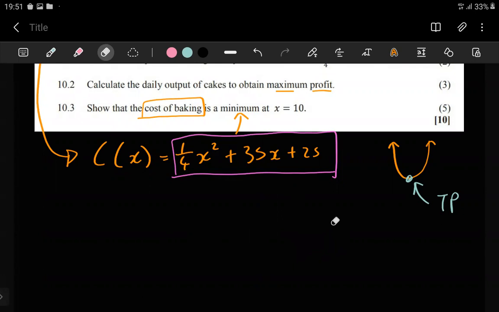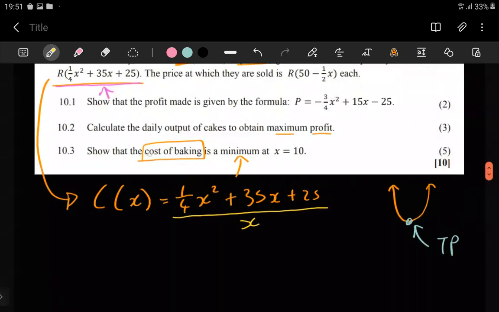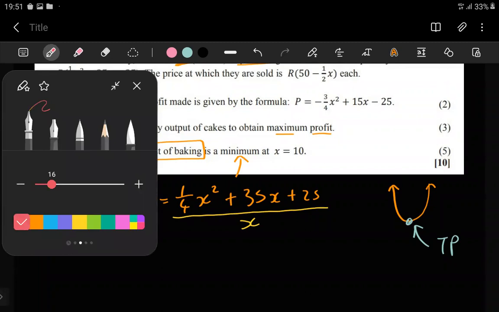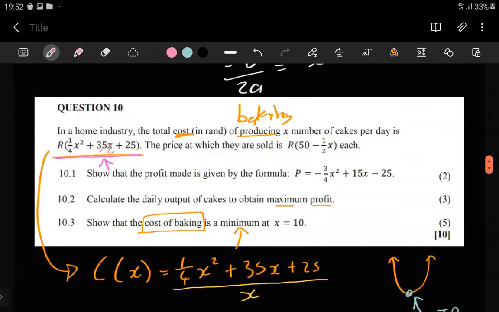We need to keep in mind that this is more like the 500. This is the cost of everything. But the cost of one cake is going to be this amount divided by X, because X is the amount of cakes that we make. And this is how much it costs to make all of them. So if they're saying here we should show that the cost of baking is a minimum at X is equal to 10, technically speaking, the cost of baking is this amount divided by X. This amount that they gave us is the total cost.